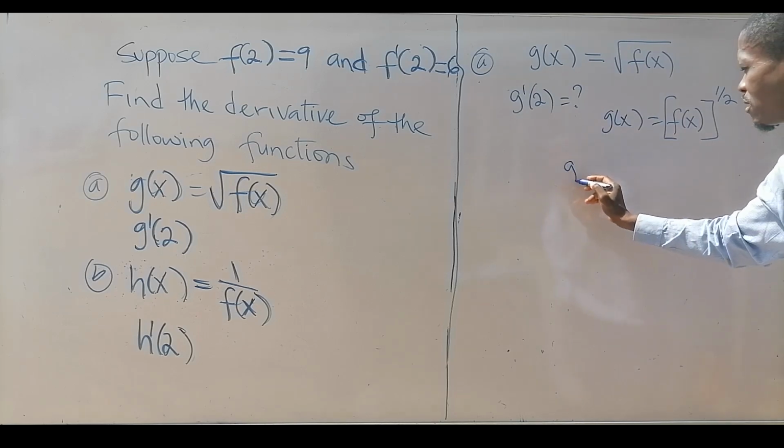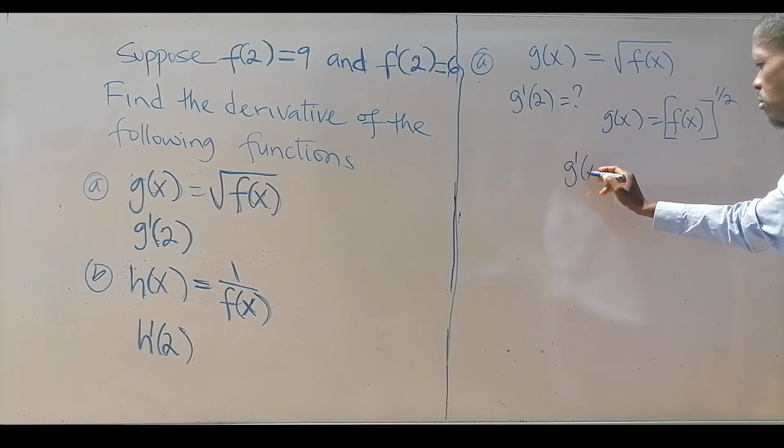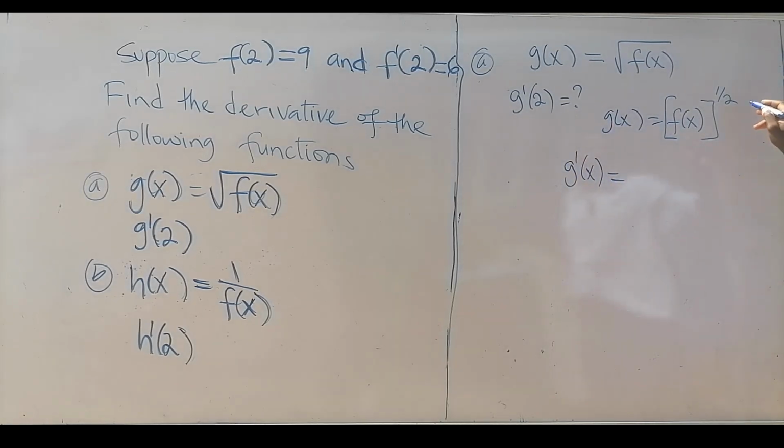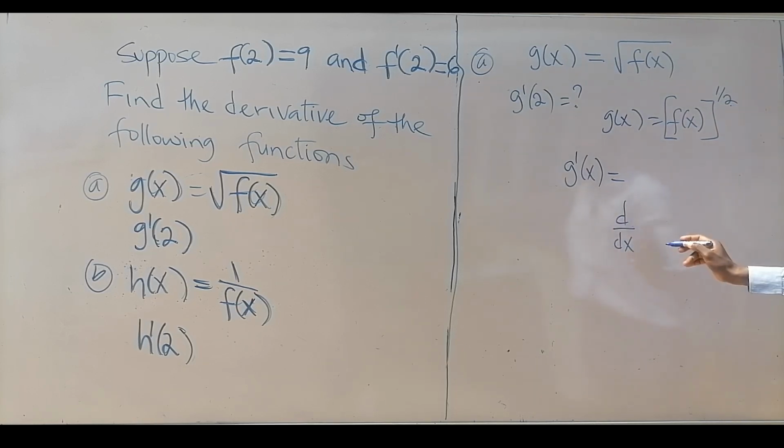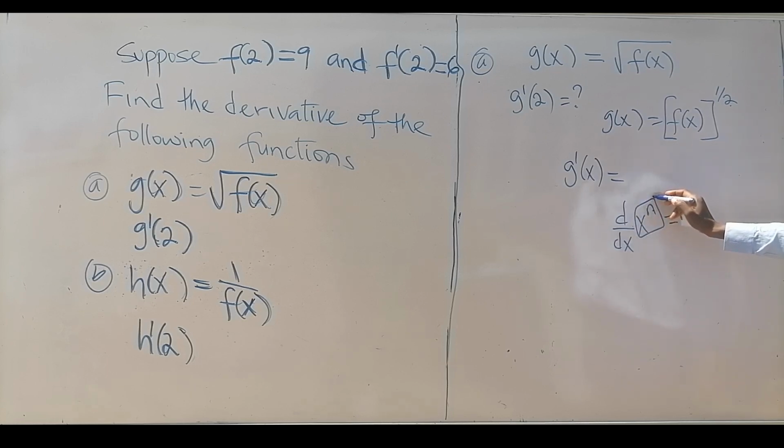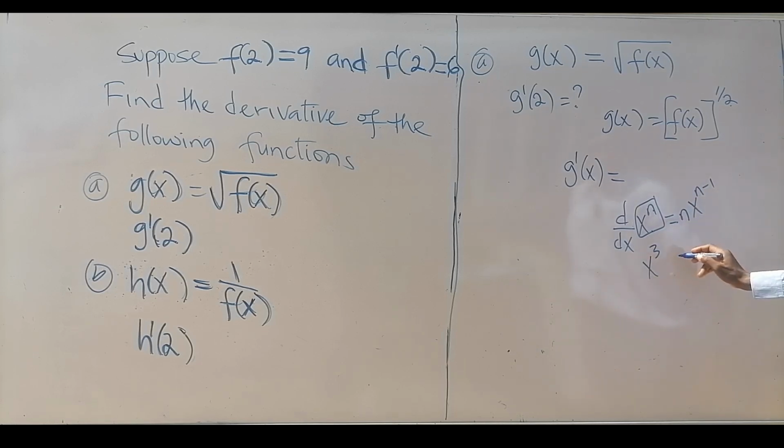Then take the derivative of the function, and don't forget the general formula for differentiation: the power comes to the front, and the same expression gets the power minus 1. So if you have x to the power 3, that will be 3, and then the power minus 1, that's 3x squared. And it goes on like that.